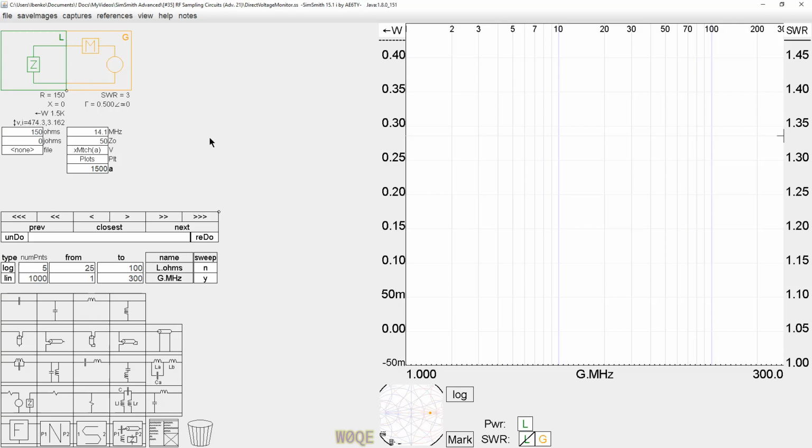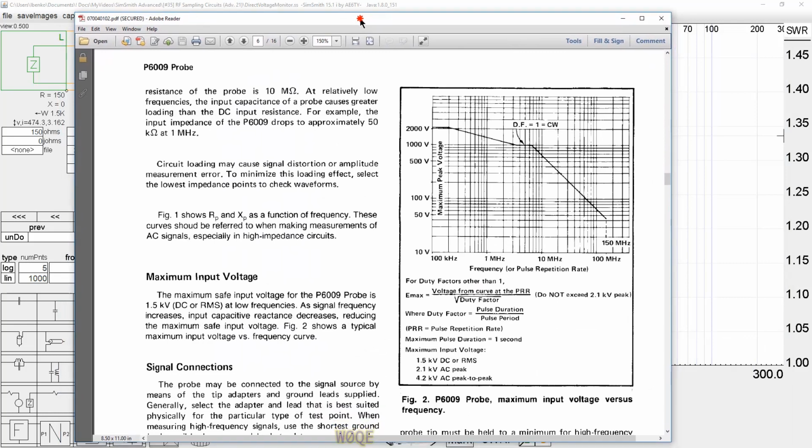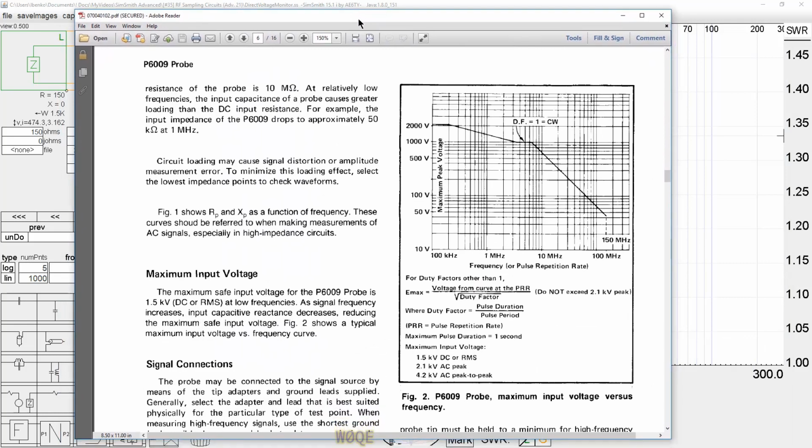Some digging around, found a couple interesting data sheets. Here's an old Tektronix probe. A 6009 was probably the go-to probe for 20 years, 10-to-1 probe. And they have a specification on it. That probe is good for 2,000 volts peak up through 200 kilohertz.